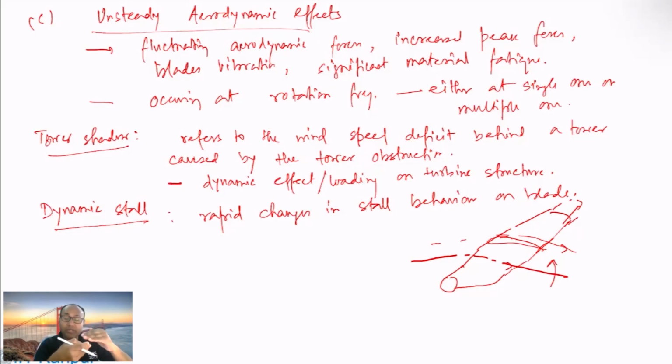In very simple words, when the stall happens, by the time the next blade comes close, there is an effective blockage of the passage, which can also lead to stall for the subsequent blades. So if dynamic stall occurs, there is a possibility that it will cascade to the next blade because of this rotation.